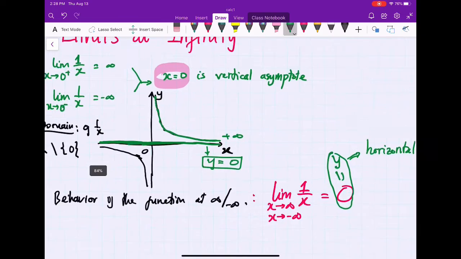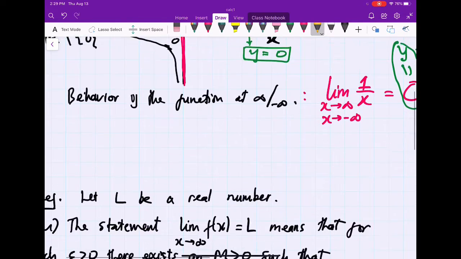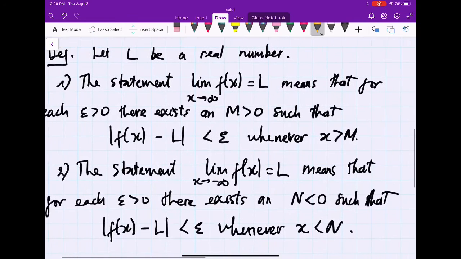So basically, vertical asymptote, as you know how the function behaves at some finite number, right? And now vertical asymptote and horizontal asymptote. That is the behavior of the function when x approaches infinity. That's why we need to study limits at infinity. Agree? Now let's move to the definition of limits at infinity. We have that right here.